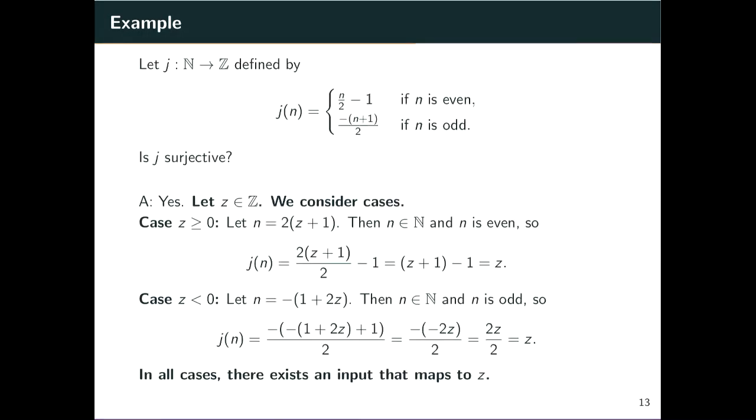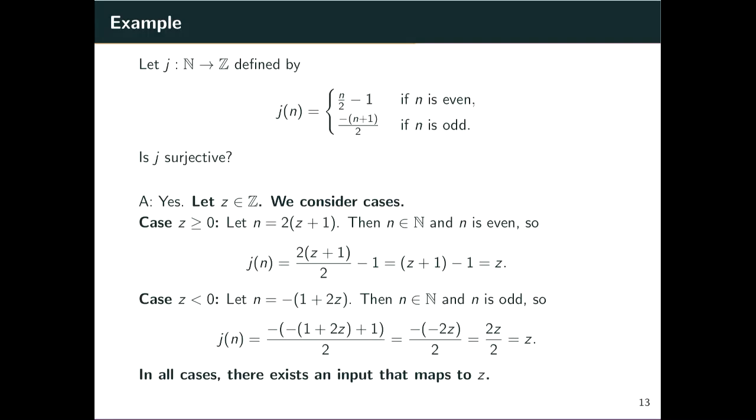Okay, so if z is larger than or equal to 0, then we need a number n, which is equal to 2z plus 1. Oh wait, sorry, I've got my logic the wrong way around.